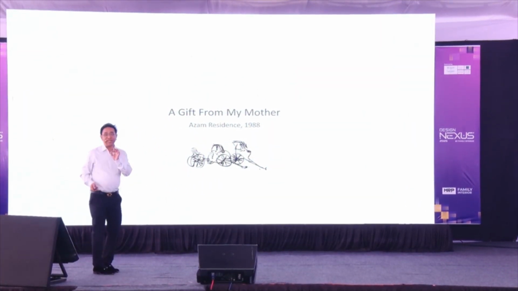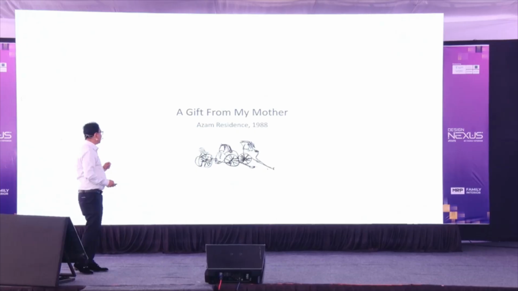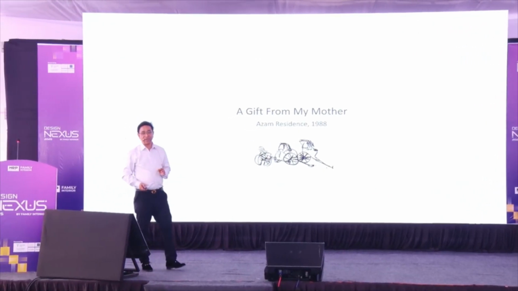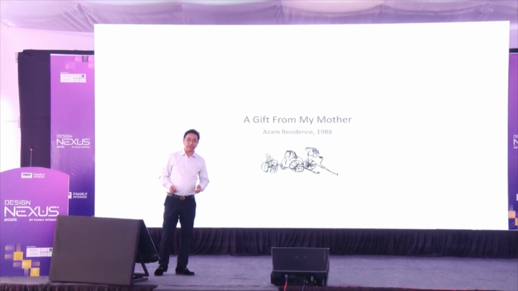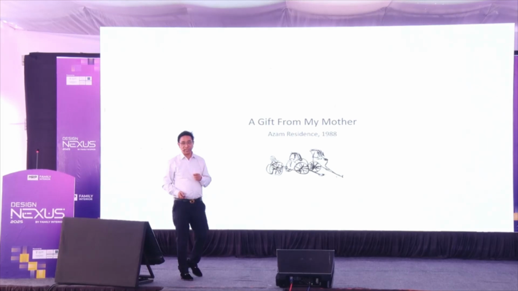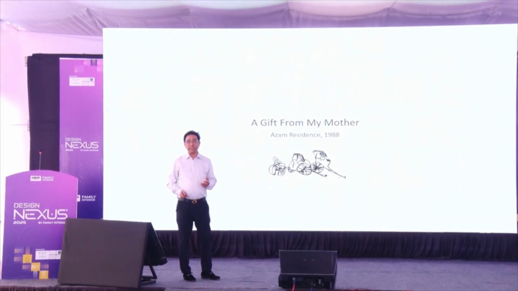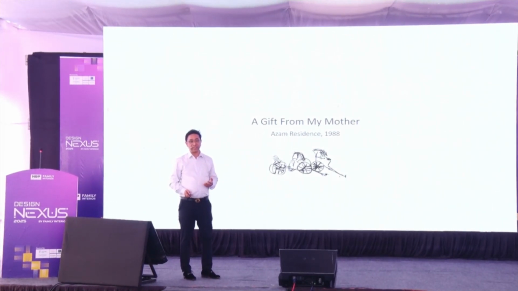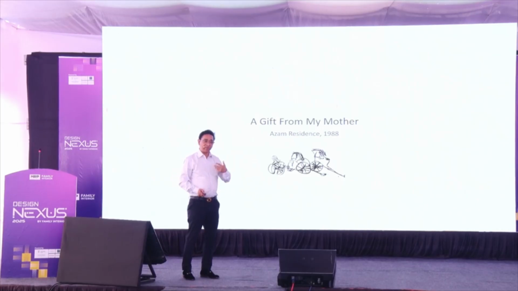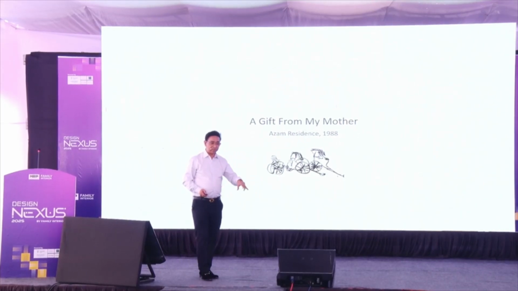But most importantly, I got a gift from my mother in 1988 when I started designing my home in Old Town, Old Dhaka. My mom wanted a house with the memory of her and ours, like a courtyard and a small garden.